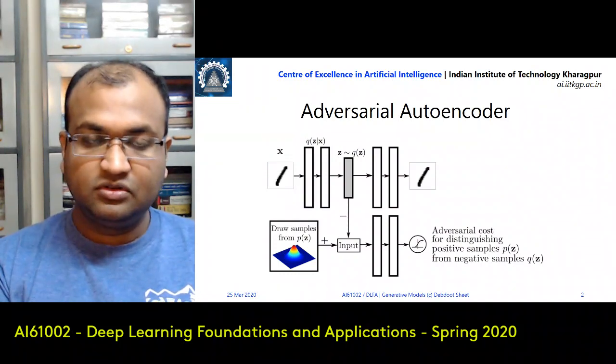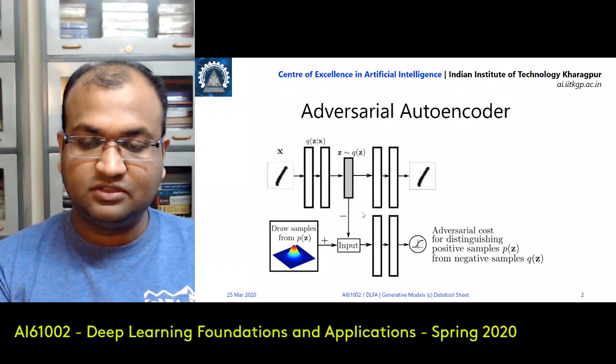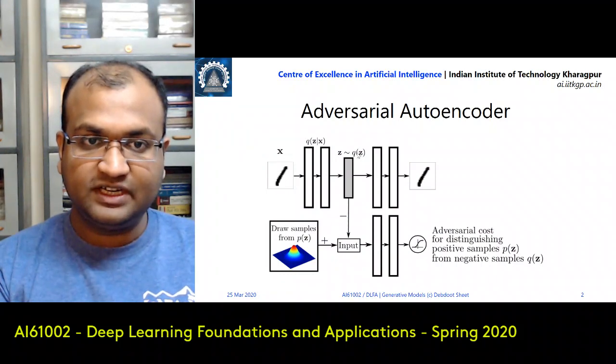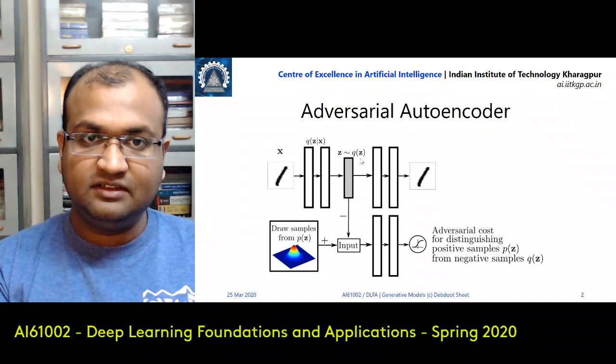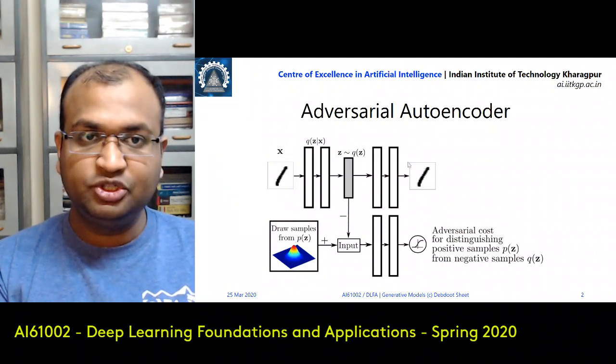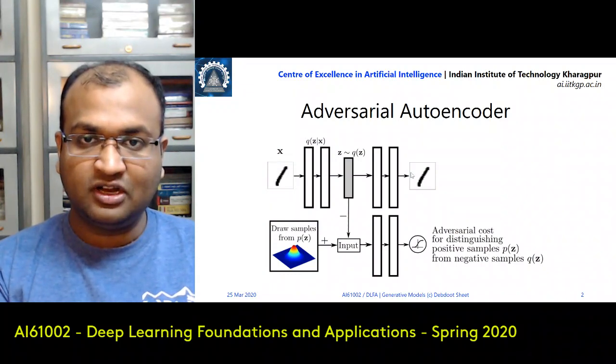Okay. So the last concept was this: my job is to make this QZ resemble PZ. That is what we had done in the last class. The reason for making QZ resemble PZ is that if I draw any random number from a distribution PZ, which is well known to me, it will produce an X hat, or output, over here.